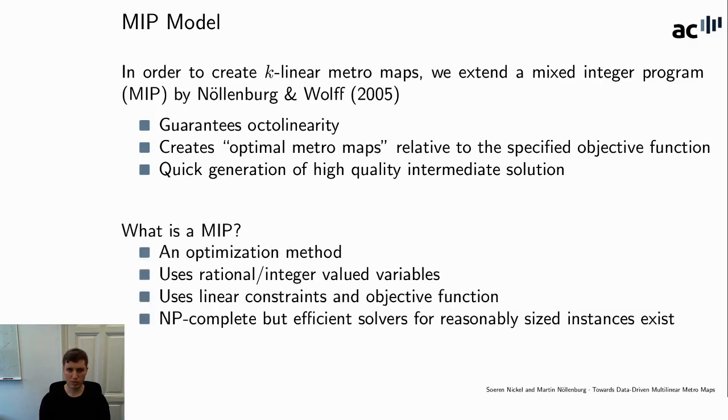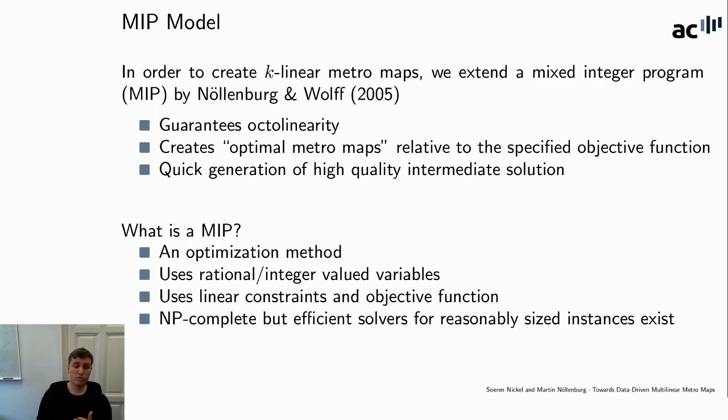And this brings me to the next point. What is a mixed integer program actually? It is an optimization method that uses rational and integer valued variables and then uses linear constraints and an objective function using these variables to encode necessary and desired properties of a metro map that we want to compute.